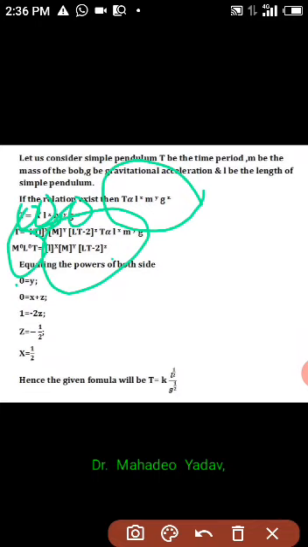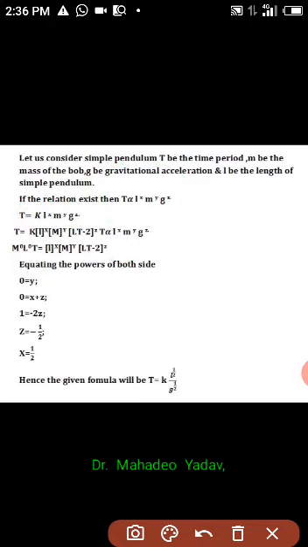Therefore, equating the powers from both sides: m to the power 0 on the left and m to the power y on the right, therefore y is 0. L to the power 0 on the left and L to the power x plus z on the right, so x plus z is 0.